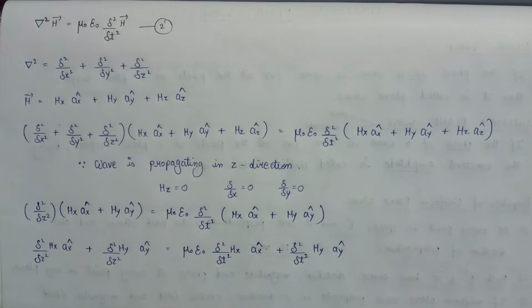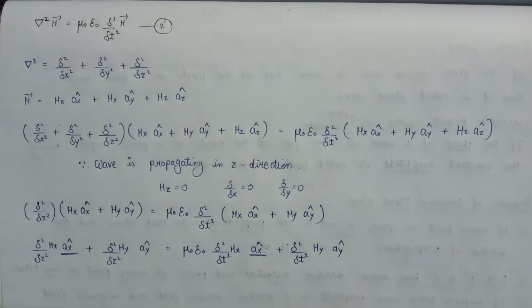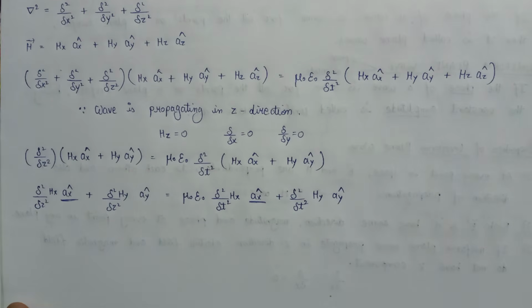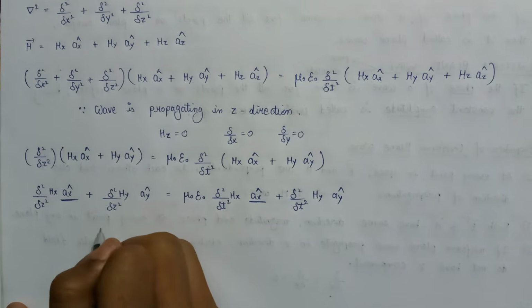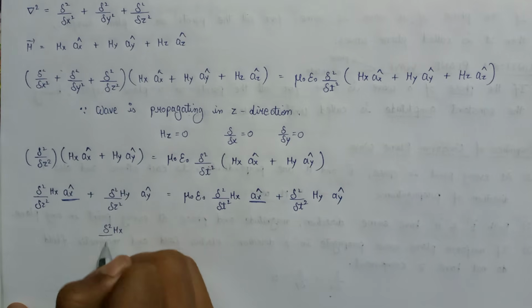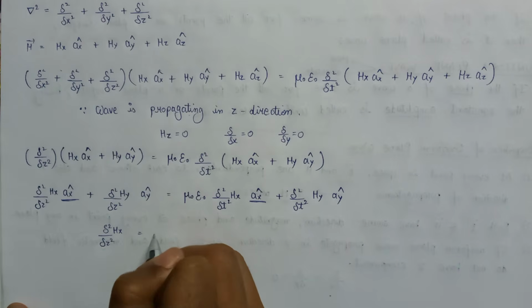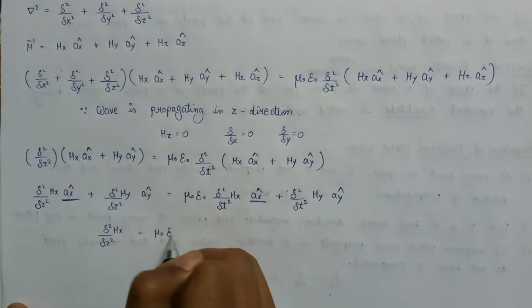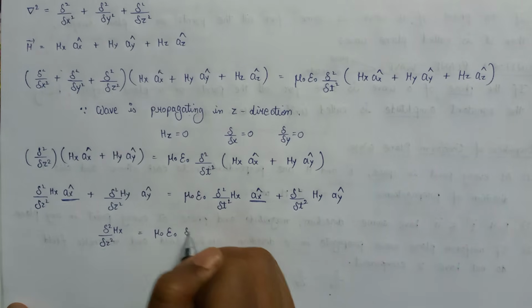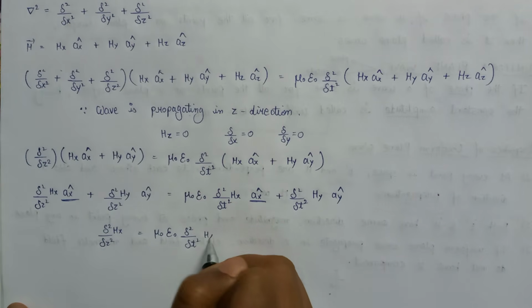So firstly, on comparing the coefficient of Ax cap from both the LHS and RHS, we get del 2 Hx over del z square is equal to mu 0 epsilon 0 del 2 over del t square of Hx.